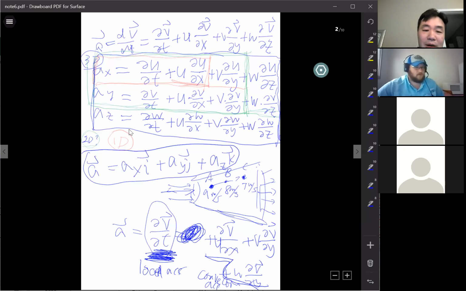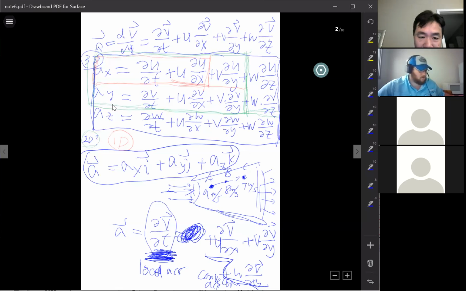When you see a problem, ask yourself whether it's 3D, 2D, or 1D. I have different colors here. The blue box is three-dimensional. If your problem is three-dimensional, there are three equations, ax, ay, az, inside this blue box.